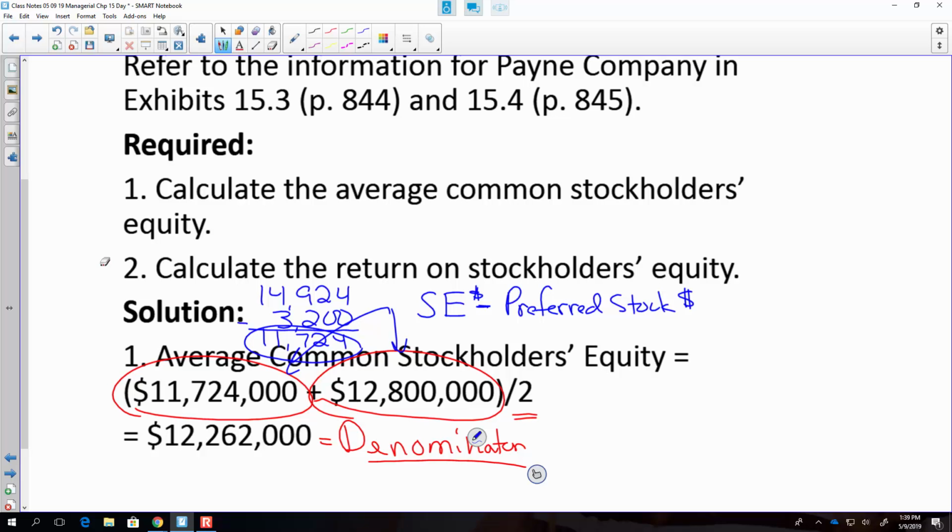The second one, obviously the 12.8, is the subtraction of 16 million, and subtract off again the 3.2 to get the 12.8. So that's really the tricky part on this particular computation, coming up with that average common shareholders' equity.